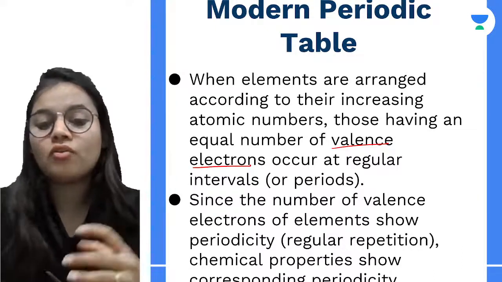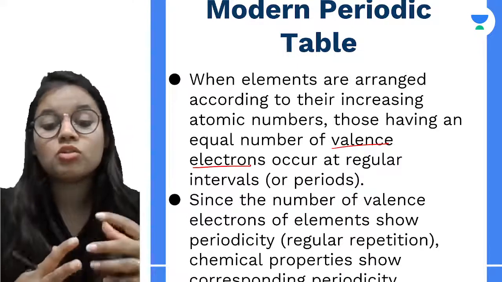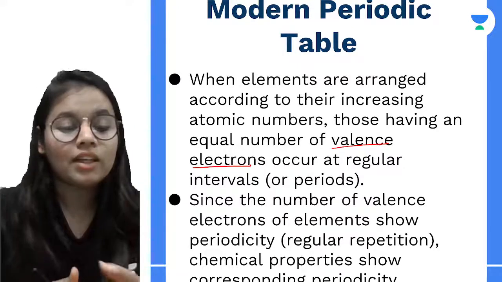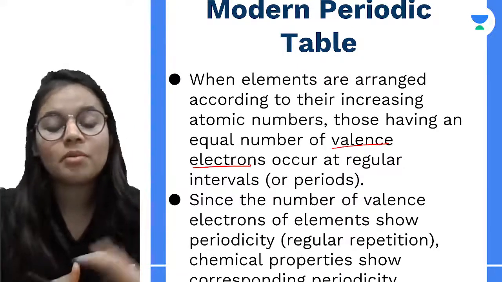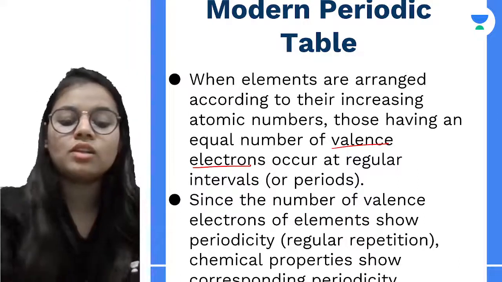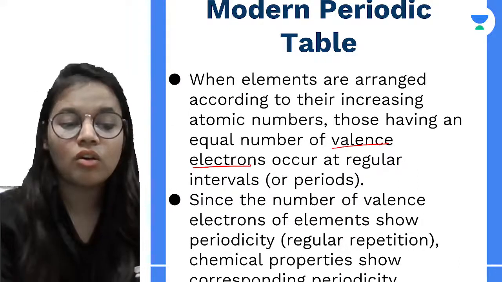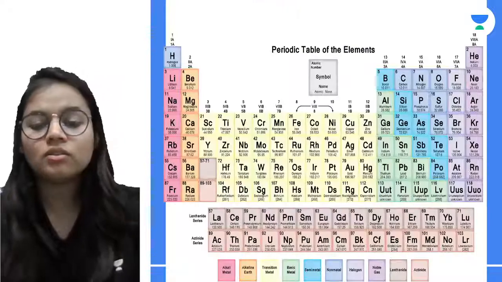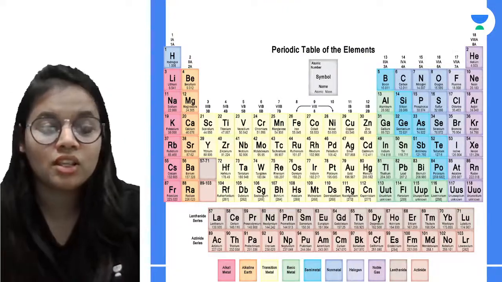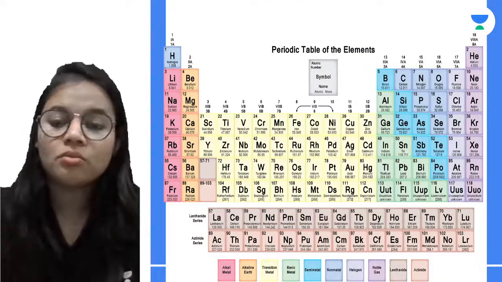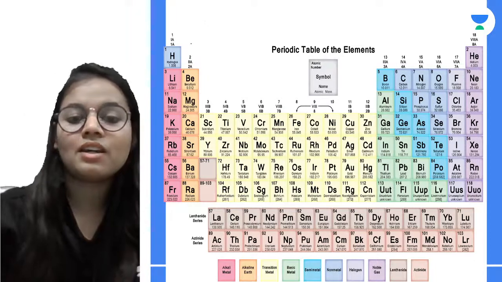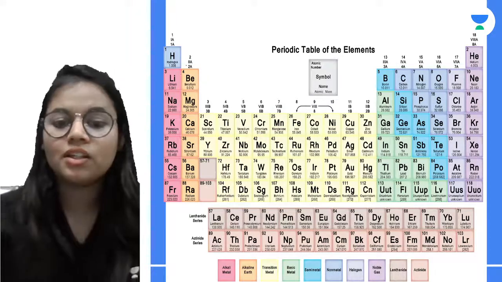Because the number of valence electrons of elements shows a repetition, the chemical properties will also show a similar repetition, or periodicity, right? This is the modern periodic table, and you can see that elements are arranged into groups and periods.